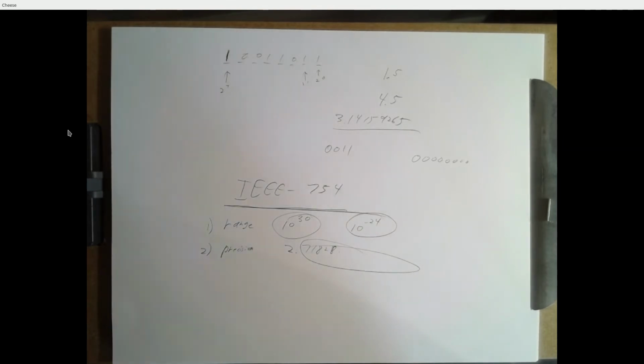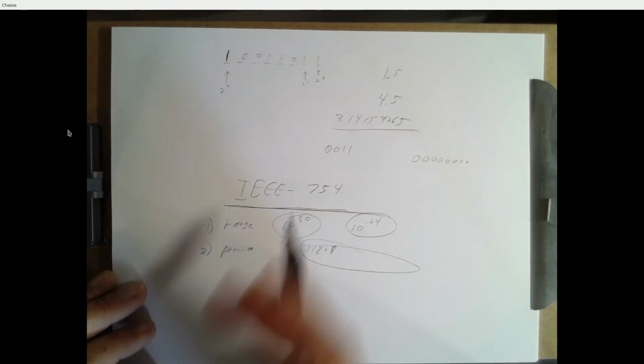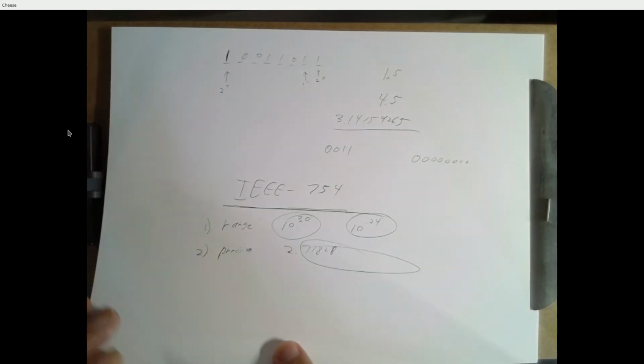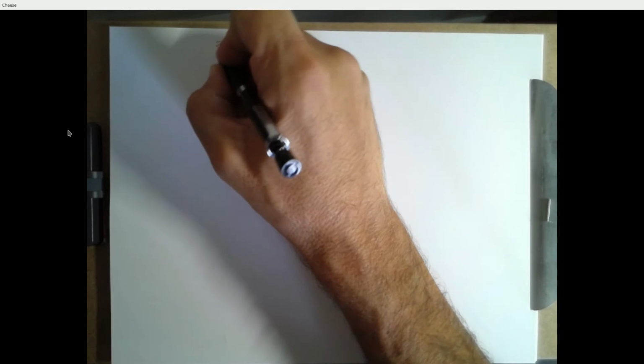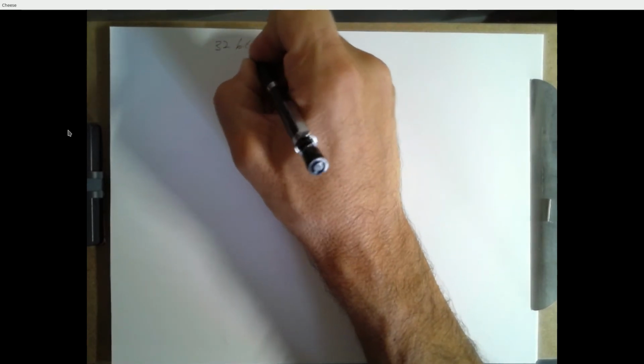And so there's some tension between this, and so this is one reason that people had different ways of coding these floating point numbers. So let's look at IEEE 754 and let's see what the current standard is for storing numbers. And single precision is 32 bits.